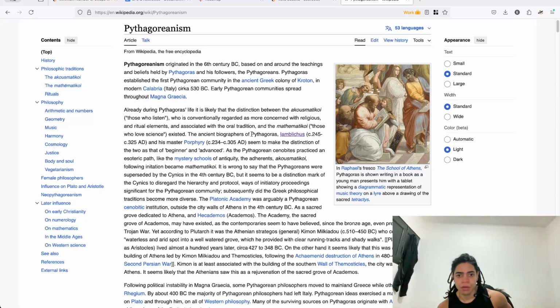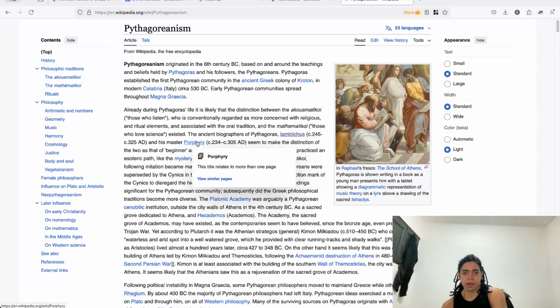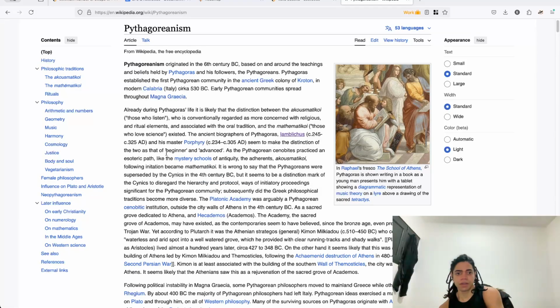The ancient biographers of Pythagoras, Iamblichus and his master Porphyry, seem to make the distinction of the two as the beginner and advancer.